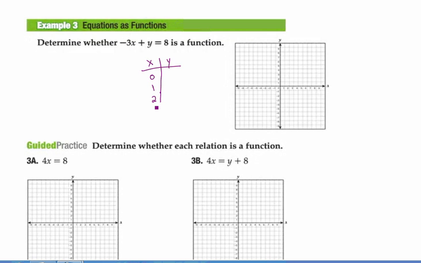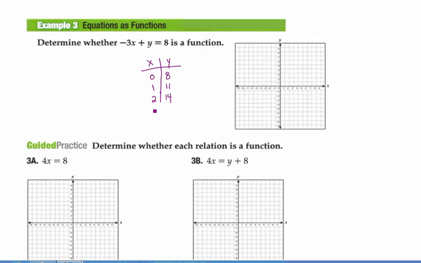Those are nice little numbers. If I plug a 0 in for x, I'm going to get out an 8. If I plugged a 1 in there, that's -3. I would have to add that over, so I end up with 11. If I plugged a 2 in there, that's -6. If I added it over there, that's going to be 14.